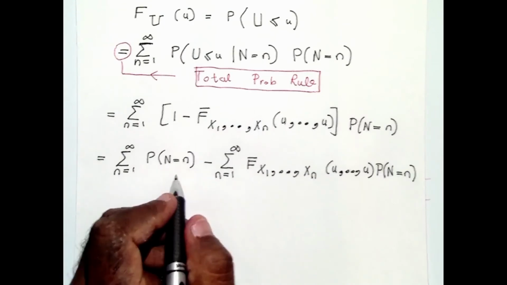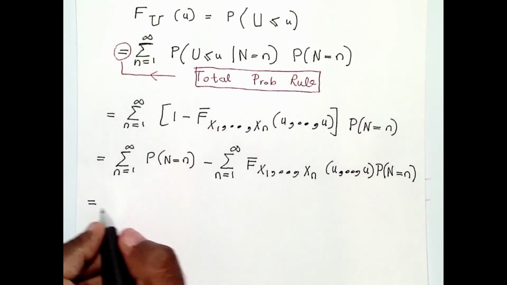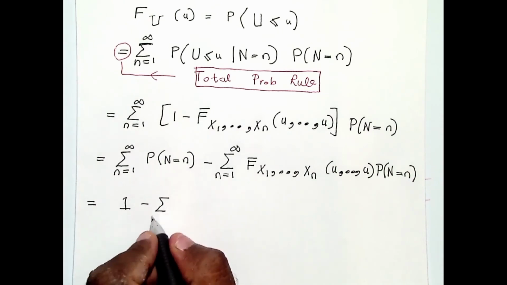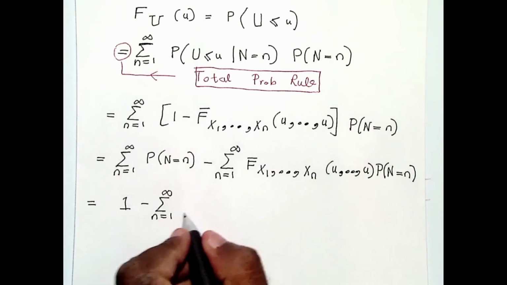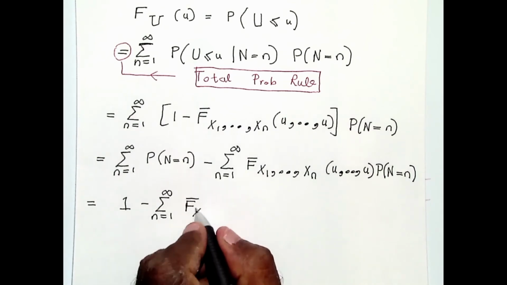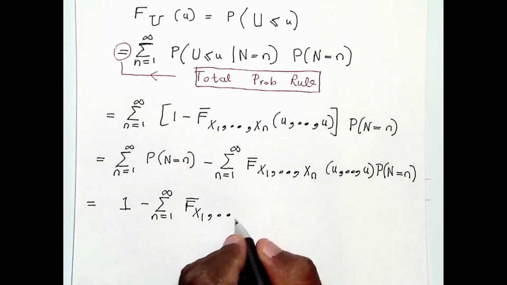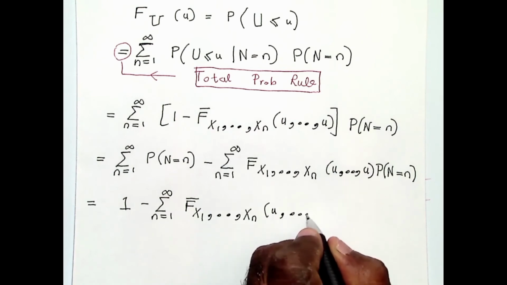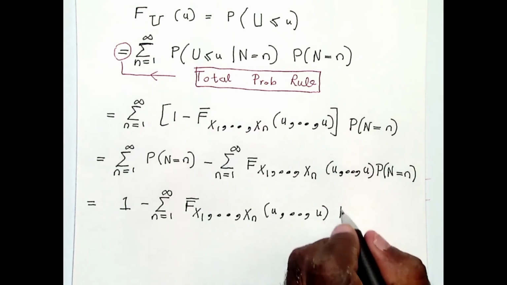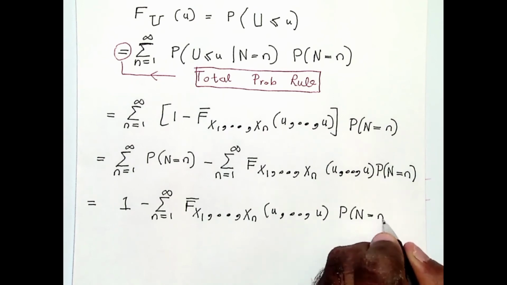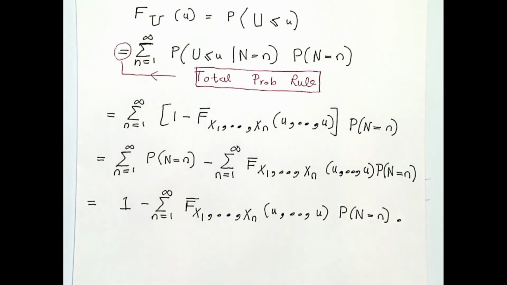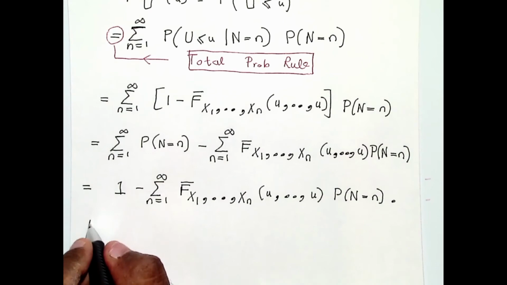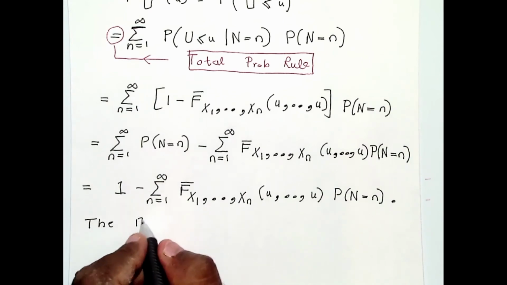Now the first is the sum of all the probabilities, hence it must be equal to 1. Okay. Right. So this is the CDF of U.